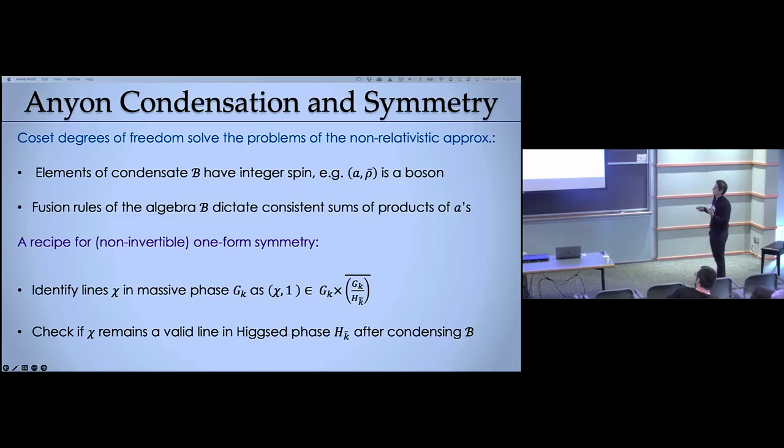And this gives us a recipe for non-invertible one-form symmetry. We identify lines, chi, in the massive phase in this way, and we put them inside the massive phase times the coset, and then we check, does chi remain topological as we go into the Higgs phase? That's a question of what happens to this line after we condense the algebra object B. That's something that we can do.